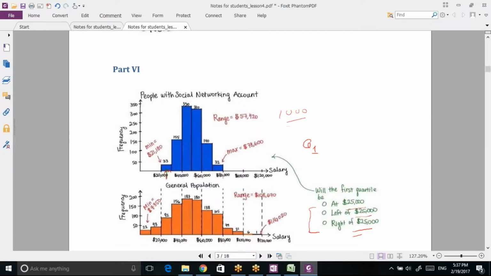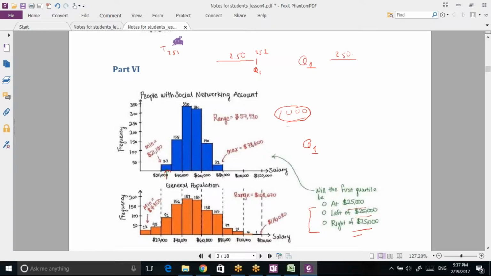Okay, so I have 1000 data points. So what will be my Q1 here? I have to remove my first 250 points, and the last 250 points also. So the 251st term will be my Q1.